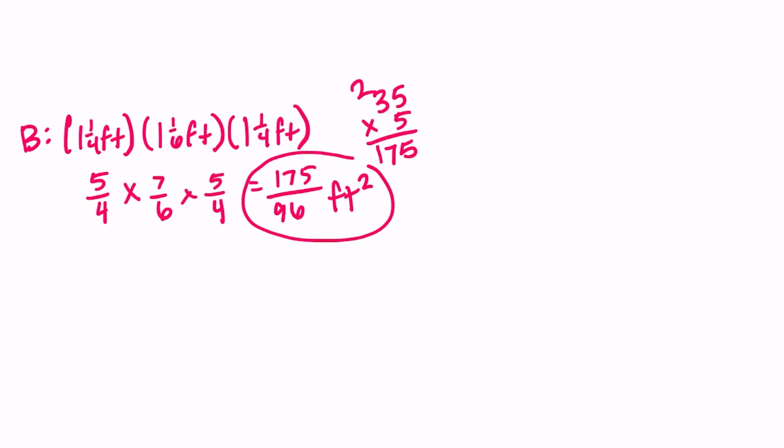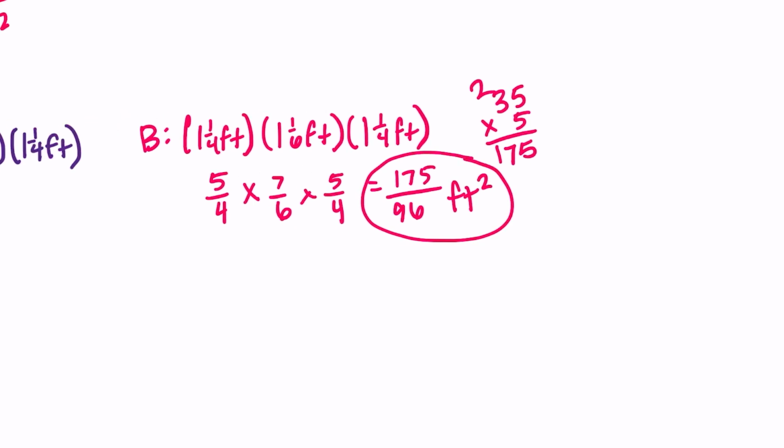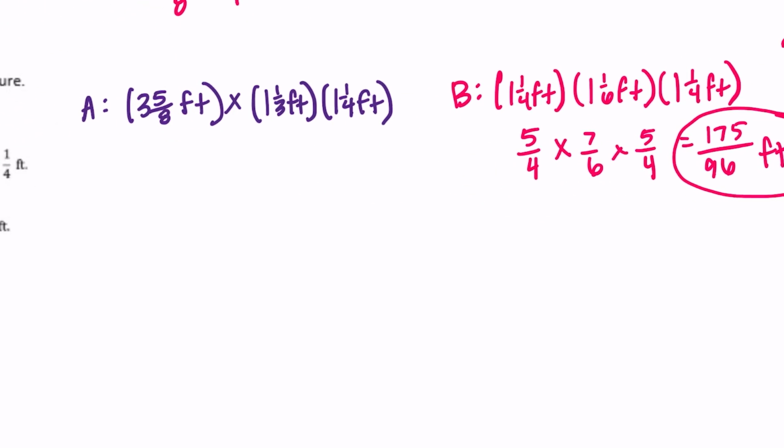I'm going to stick with that, and then if I need to convert it into anything later, let's see what we get for A. So A was 3 5/8, so that would be 24 plus 5, 29/8, times 1 1/3 is 4/3, times 1 1/4 is 5/4.